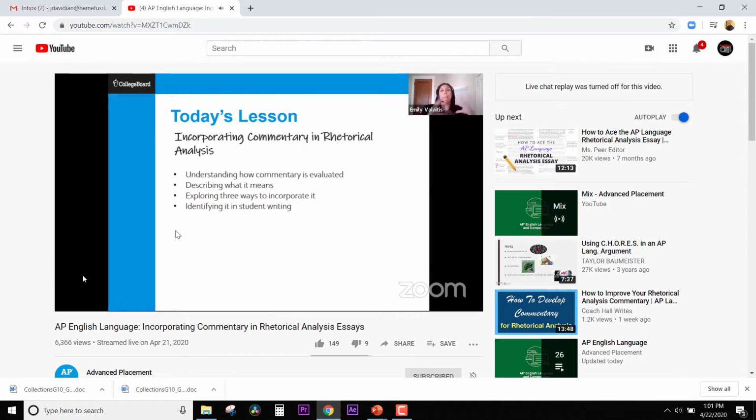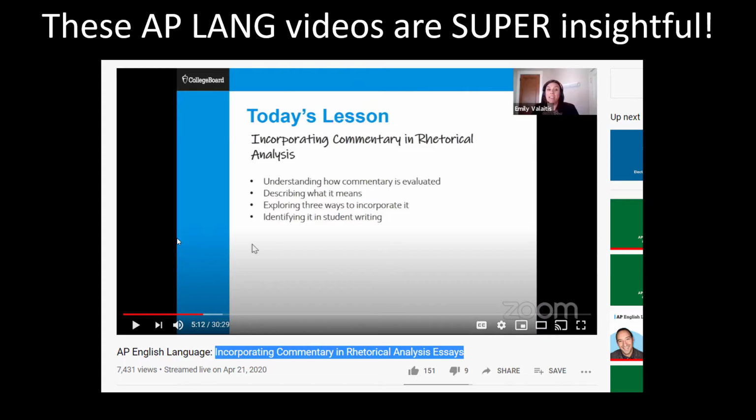And there's this amazing exchange between Glenn and this other student about, we don't know what she means. And I think that was a really good moment for me as a teacher to recognize that sometimes we say things like analysis and commentary, and we think it's clear, but it might not be to you. So my goal today is to really help you understand how commentary is going to be evaluated on your rubric.